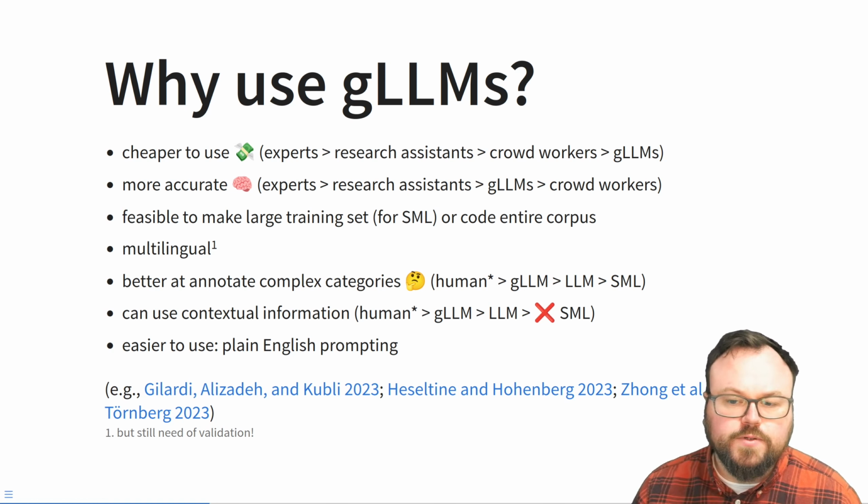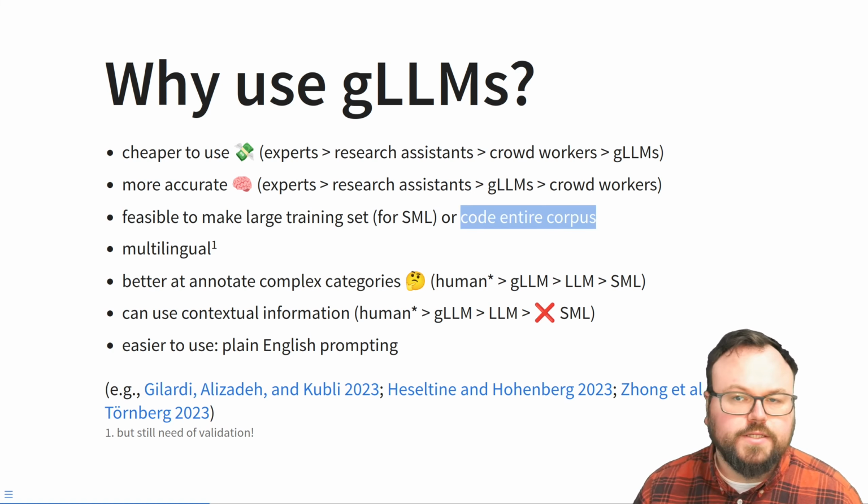And usually it was really expensive to create this training data set first, but you can use generative large language models for that, either to then code this very quickly because these large language models are still relatively slow, or you can just code the entire corpus with this.